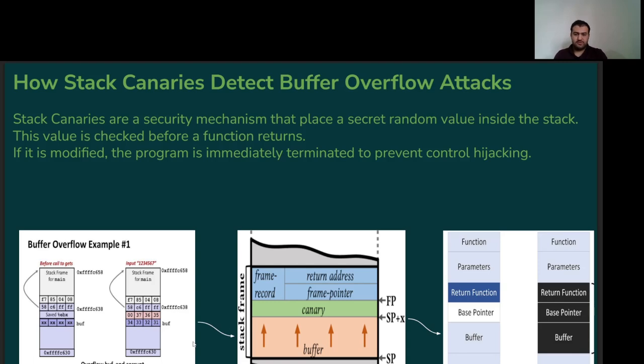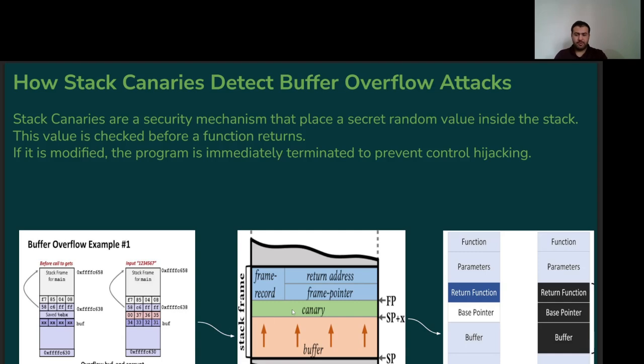Let's move to the second image in the middle, which shows the normal stack layout with a stack canary. At the bottom we have the buffer where user input is stored.